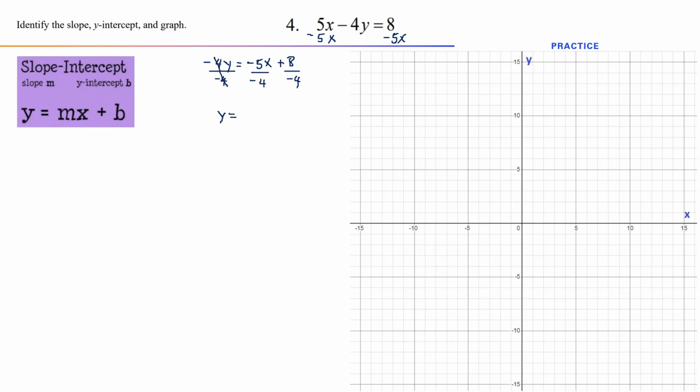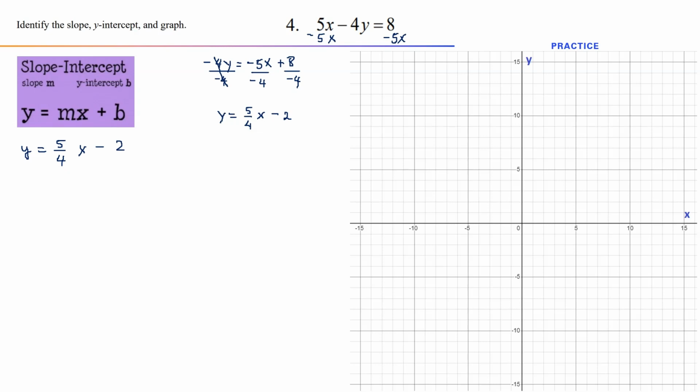On the other side we will have 5 over 4 x, the negative divided by negative will be positive. Minus 8 divided by 4 is 2. Now we rewrite that one. y equals 5 over 4 x minus 2.